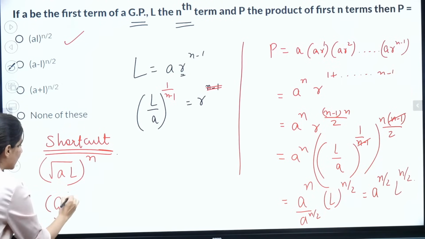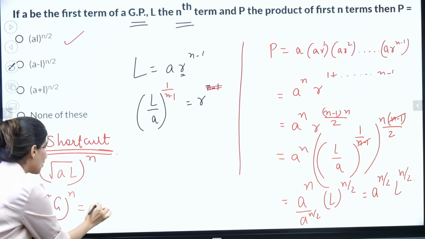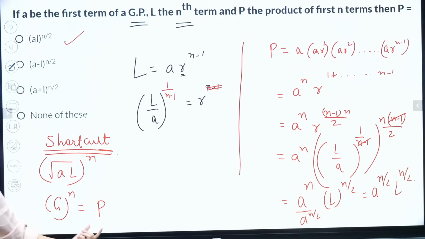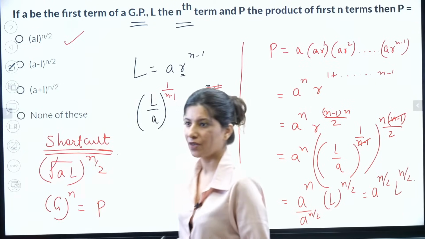Geometric mean raised to power n will give you the product of the terms, okay? So A into L, square root, raised to power n, right? And this square root is what? n by 2. So this is the shortcut which you can apply over here, okay?